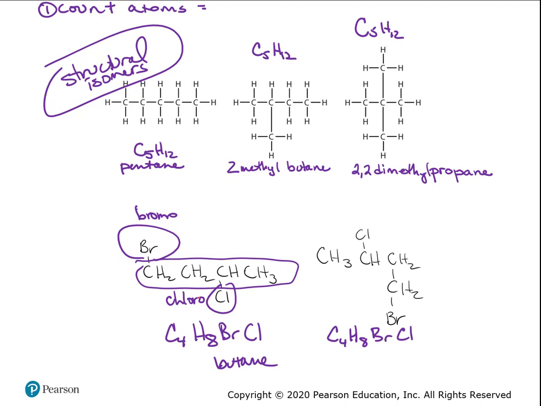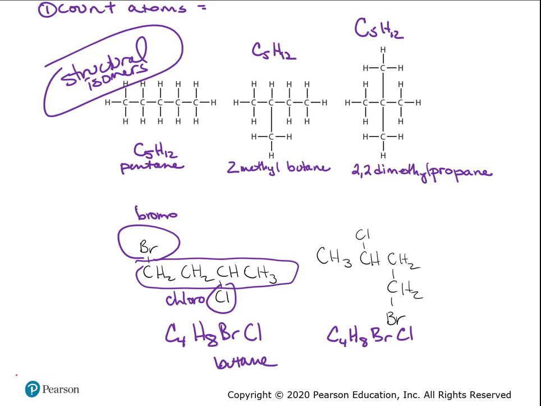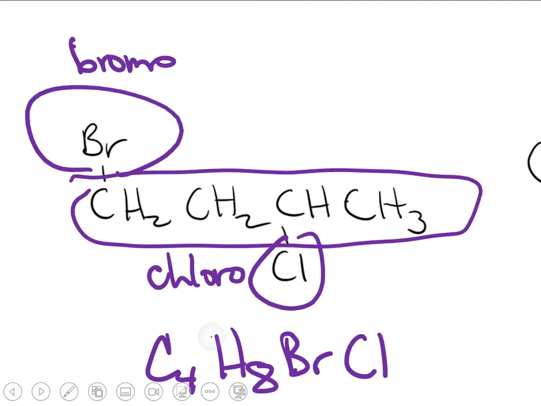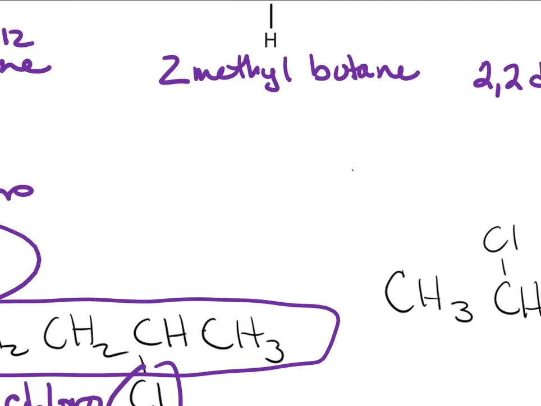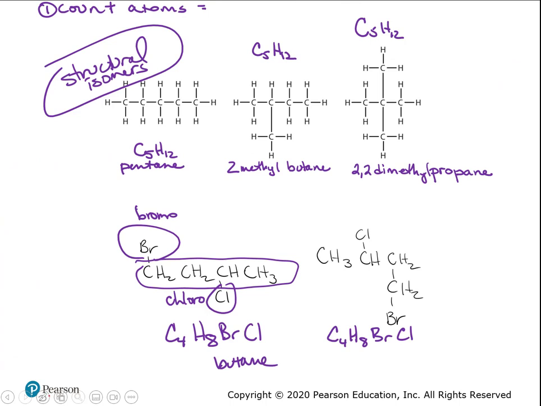Left, because bromine's hanging off of that side, so that would definitely be my 1. 1, 2, 3, 4. So this is a 1 bromo, this is a 2 chloro. Or no, sorry, it's a 3.